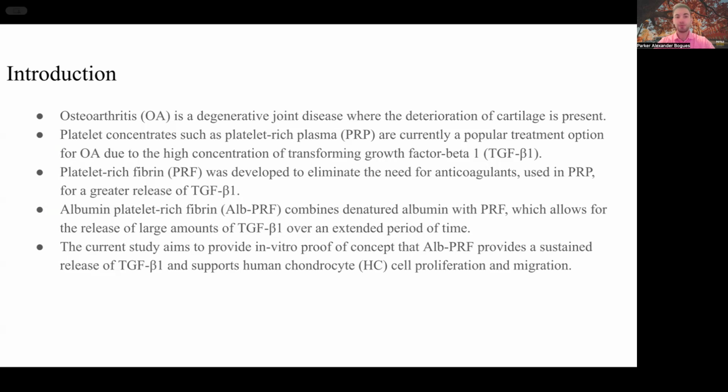My current study aims to provide in vitro proof of concept that this treatment, Alb-PRF, provides a sustained release of transforming growth factor beta 1, TGF beta 1, a very important growth factor, and that Alb-PRF also supports human chondrocyte cell proliferation and migration.